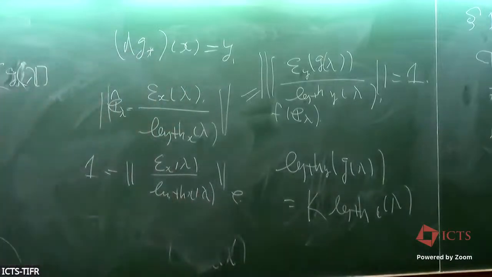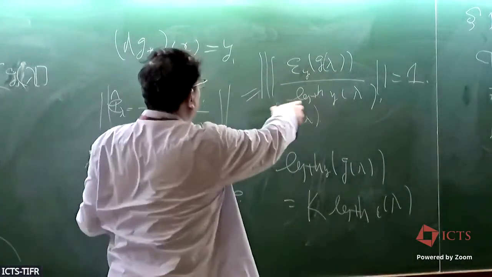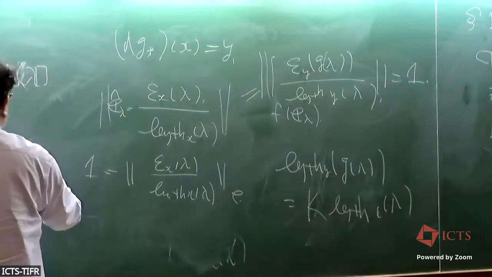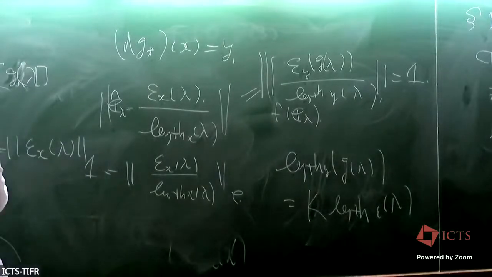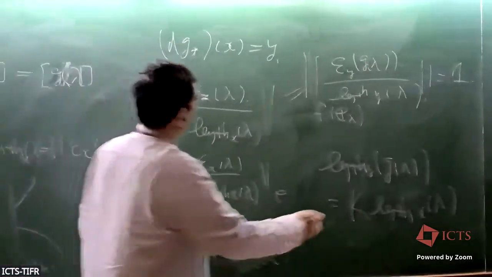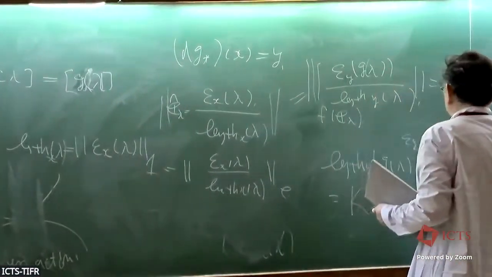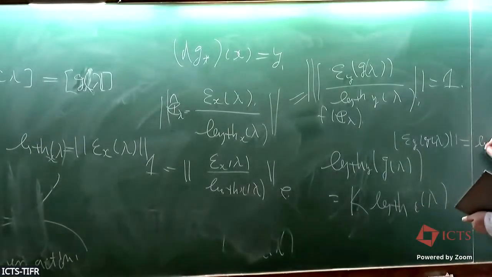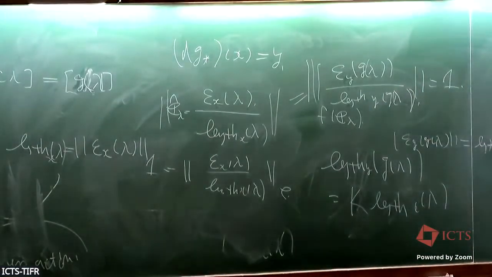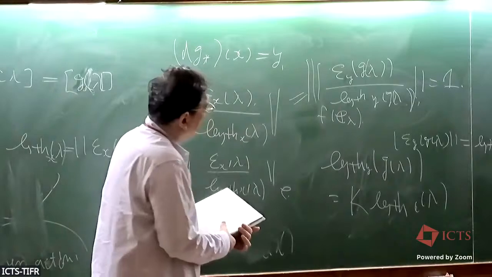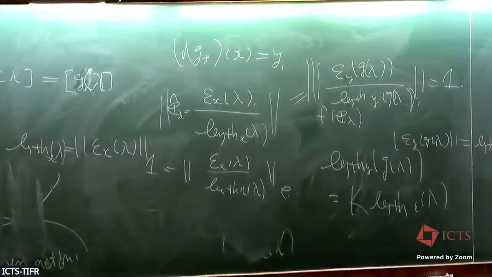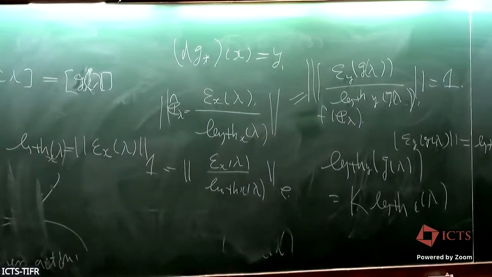So the norm of this one is equal to the length of x and lambda, and the norm of this one is equal to the length of the G lambda. So this might be different, but there is some scalar between them to relate them. So what we have to show is that this constant doesn't depend on the choice of the lambda.